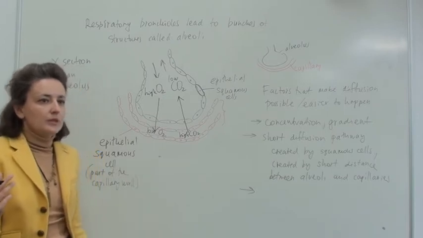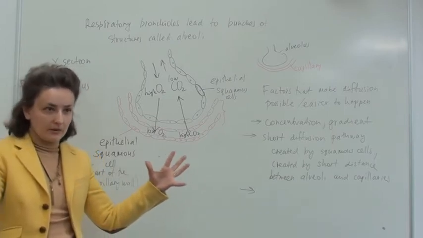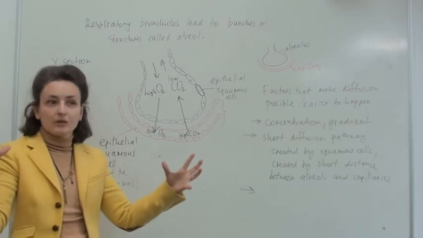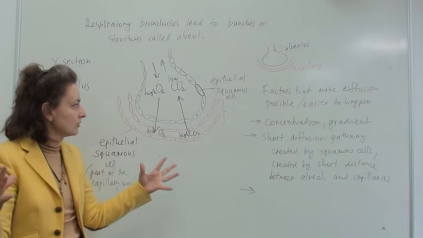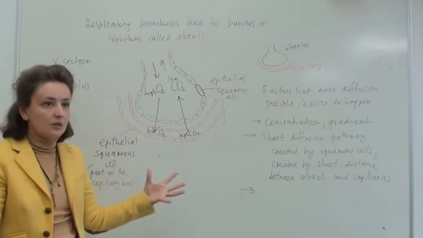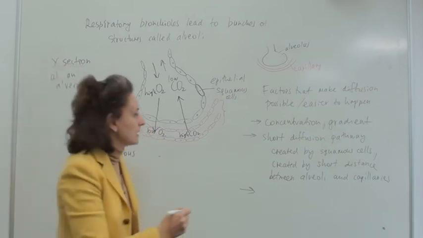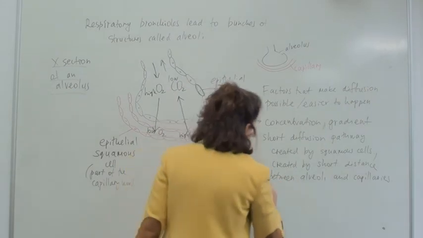Right, so basically what you're saying, and I think those were the key words, is the surface area. In order for this process to be efficient, you need a very large surface area. And that's my next point, which is excellent.